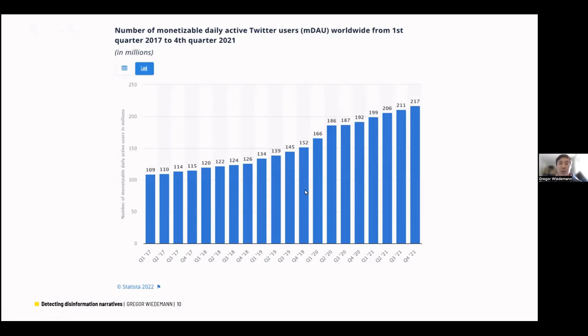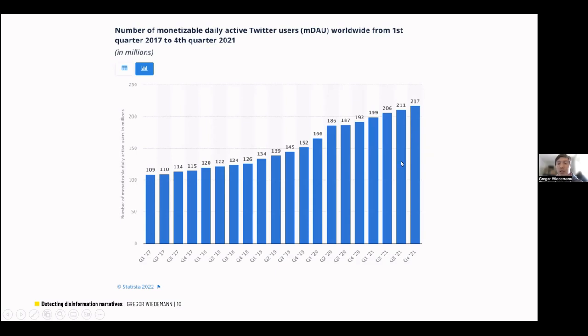And we also see a constant growing of monetizable daily active users, according to the reports of the platform itself. So this was also the heated debate of how many bot users there are, or how many actual users there are, in this recent debate of Elon Musk, who acquired Twitter and actually wanted to refrain from that contract due to the argument that a lot of these 217 million users are actually bots, but this could not really be proven.